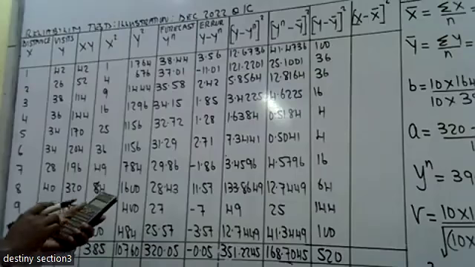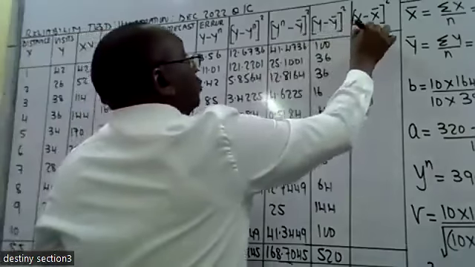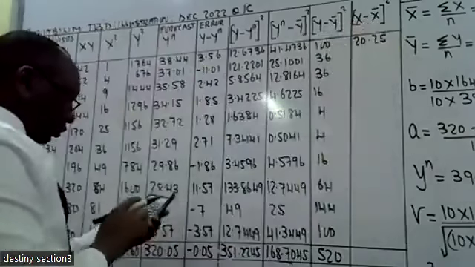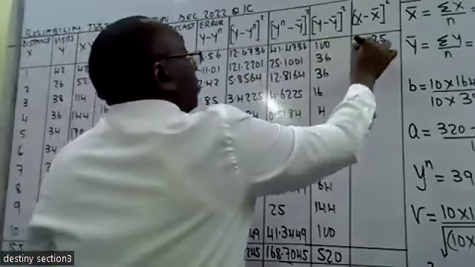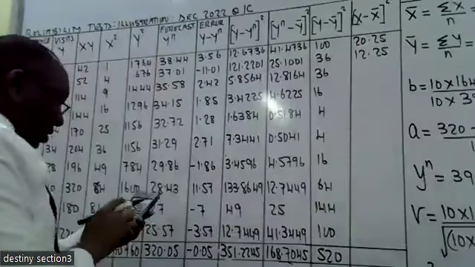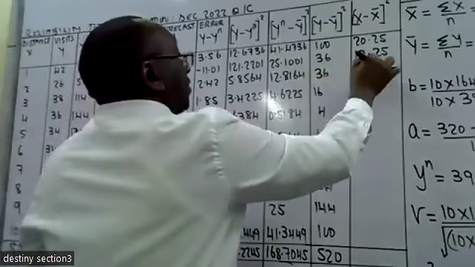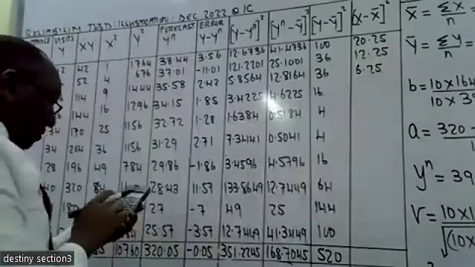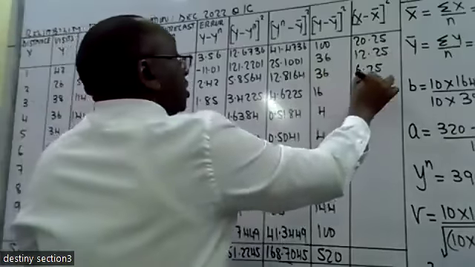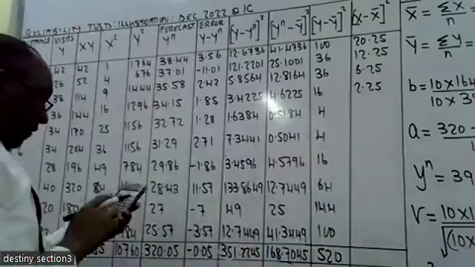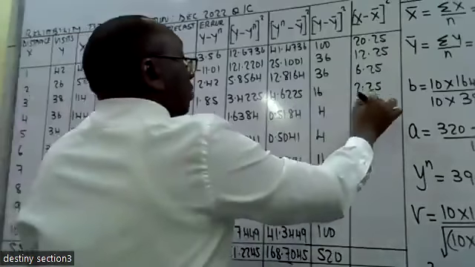So 1 minus 5.5, squared, gives 20.25. 2 minus 5.5, squared, gives 12.25. 3 minus 5.5, squared, gives 6.25. 4 minus 5.5, squared, is 2.25. 5 minus 5.5, squared, is 0.25.